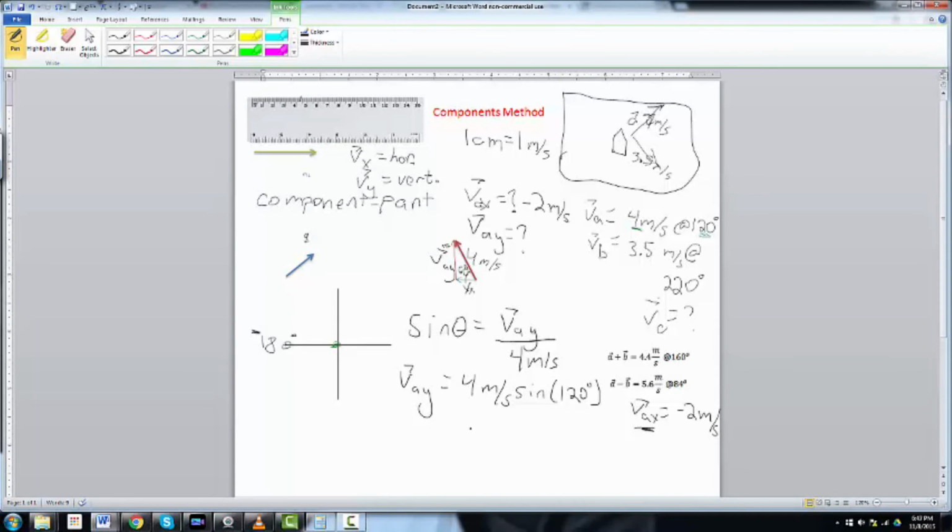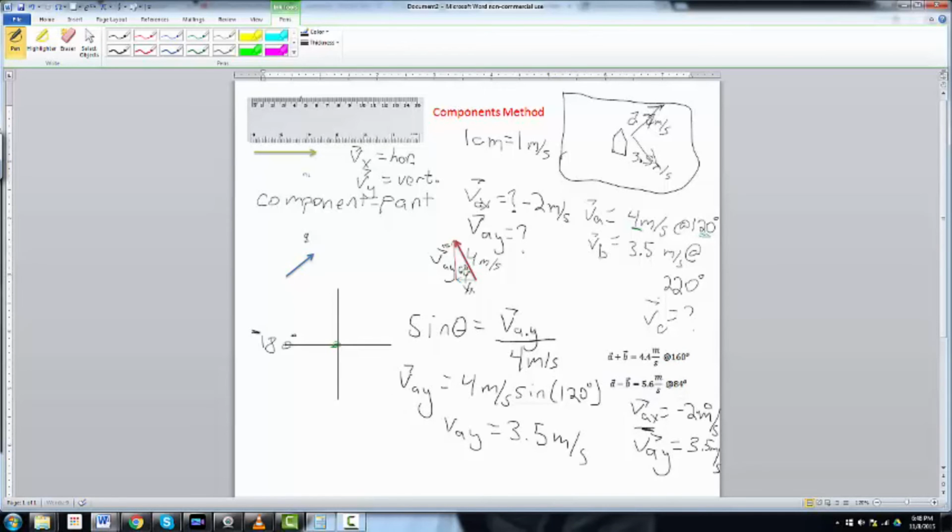It's 3.5 meters per second. Okay, so I only got one sig fig there. Okay, now I got 2. So VAY equals positive 3.5 meters per second. Okay, so now I've broken my A vector into 2 components, VAX, VAY.